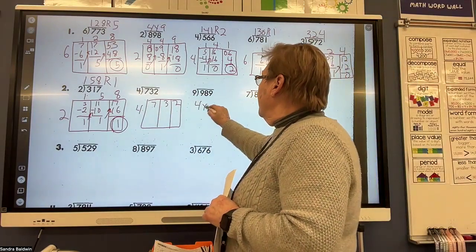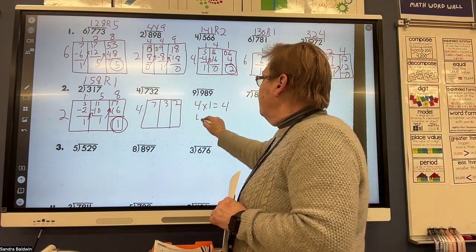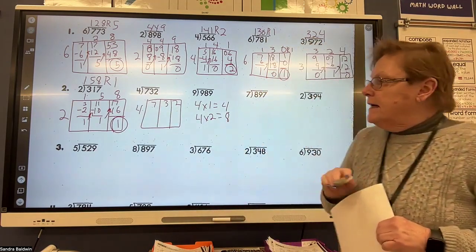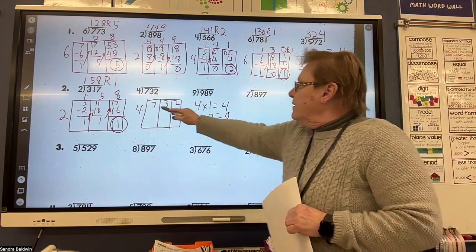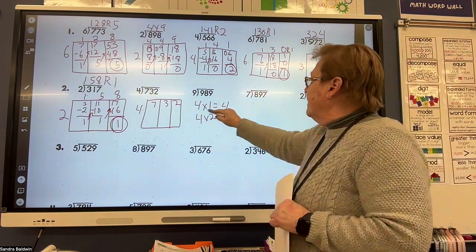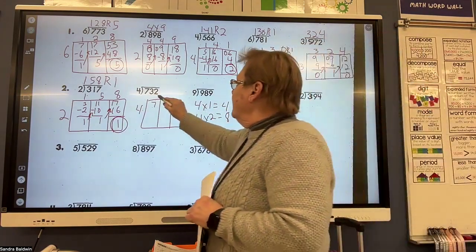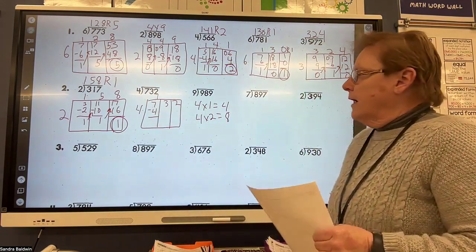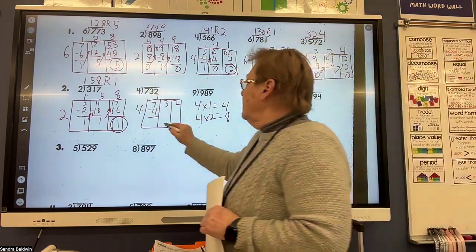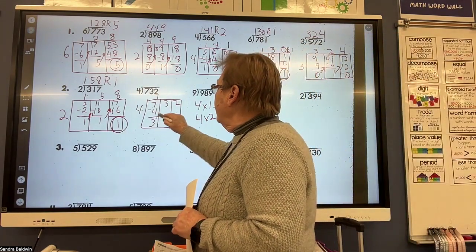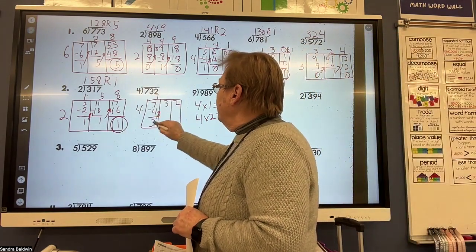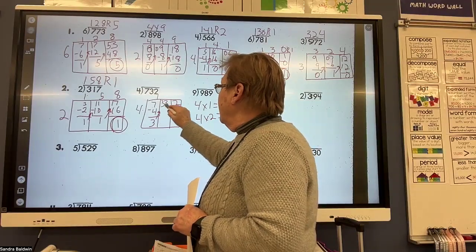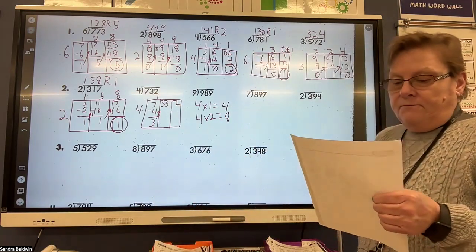So I'm going to go 4 times 1 equals 4. 4 times 2 equals 8. That's already too much. I only have 7, so I'm going to use this fact here. 1 times 4 equals 4. If I subtract 7 minus 4, it's going to leave me with 3. I'm going to move that 3 to the tens column. Then I'll have 33 tens.